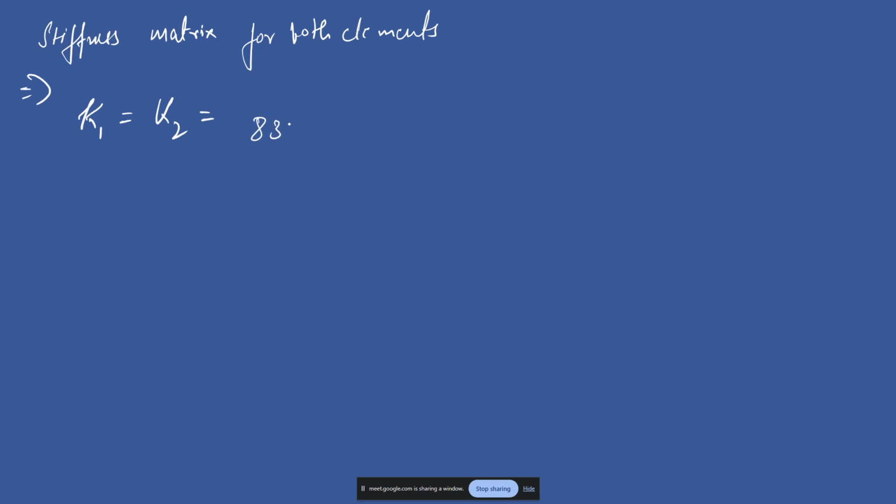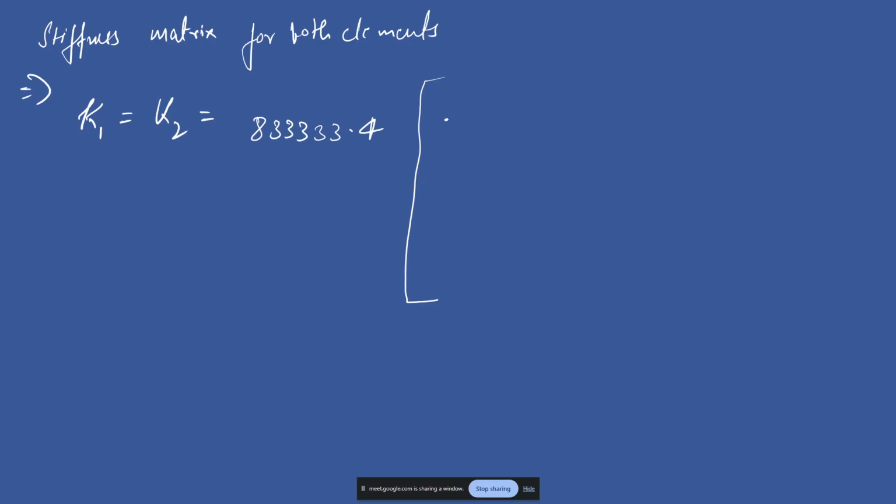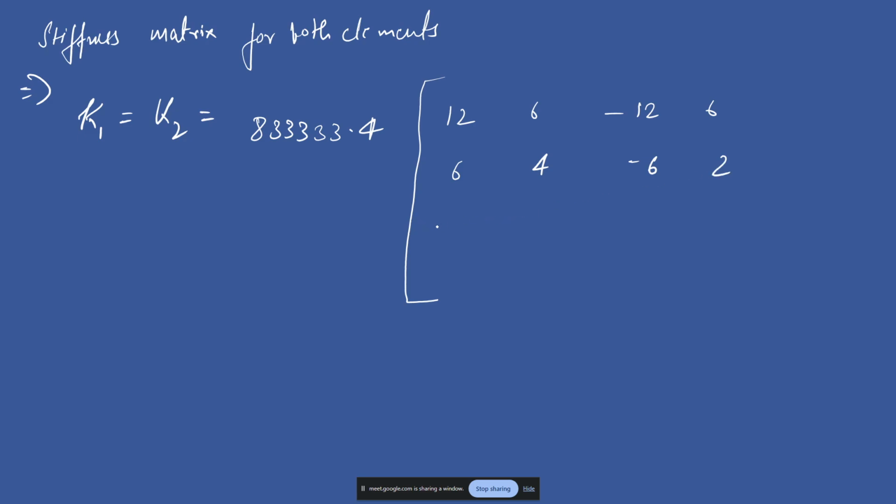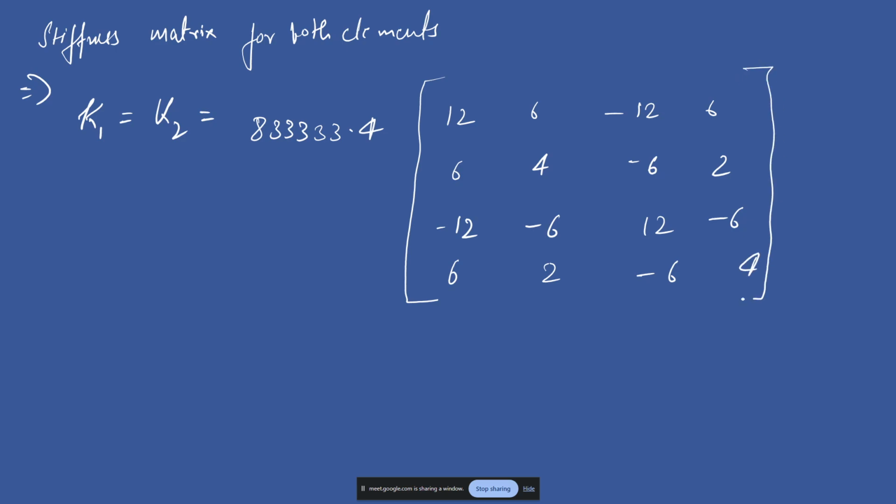After putting the values, 833.4 divided by 12, 6, minus 12, 6, minus 6, 4, minus 6, 2, minus 12, minus 6, 12, minus 6, then 6, 2, minus 6, 4. So this is your stiffness matrix for both the elements.